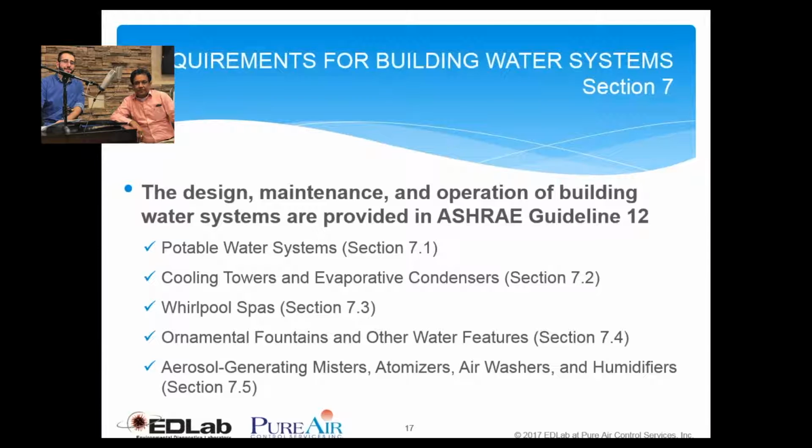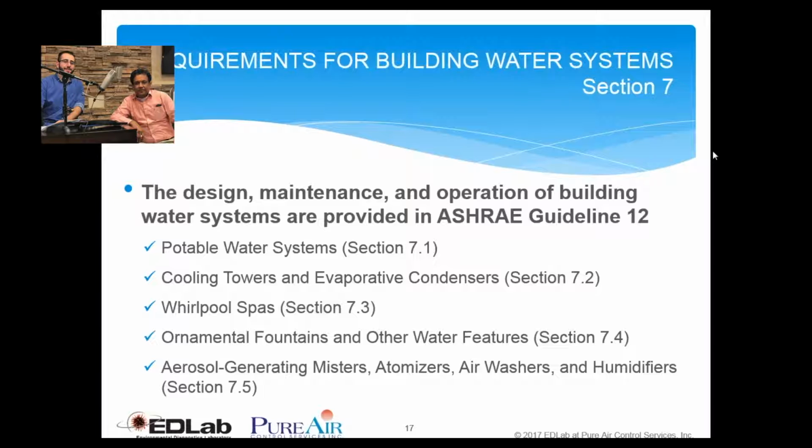Yes, the ASHRAE Guideline 12 deals with it, and it exclusively mentions design, operation, maintenance, startup, shutdown, water treatment, etc. One can see the detail in the section which I just mentioned. The potable water system is covered under 7.1, which gives you very specific guidance. Then cooling towers and evaporating coils are others where we should pay attention, because they sometimes harbor bacteria.